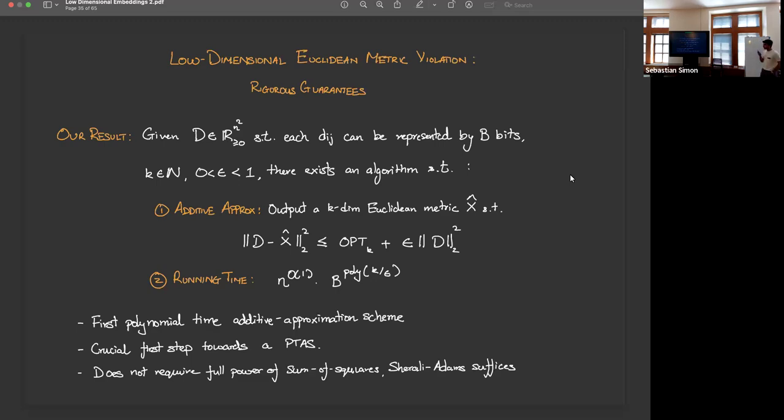Is relative approximation completely different from a constant approximation? It's not completely different. It's a stronger guarantee, and that's the PTAS. It's not clear.